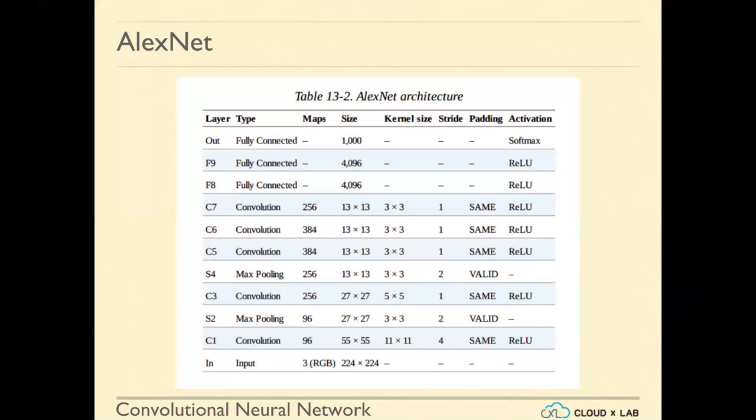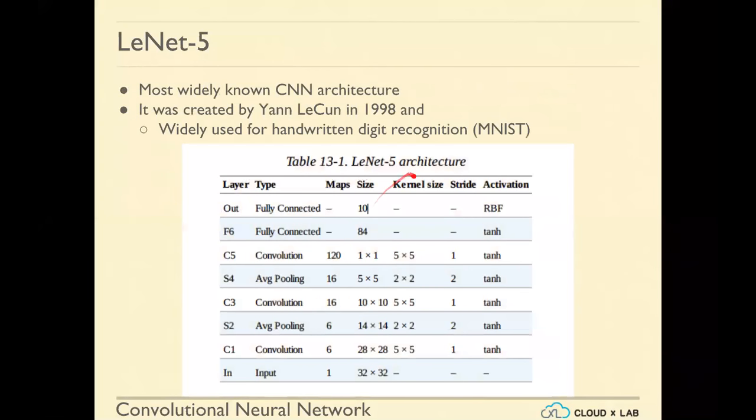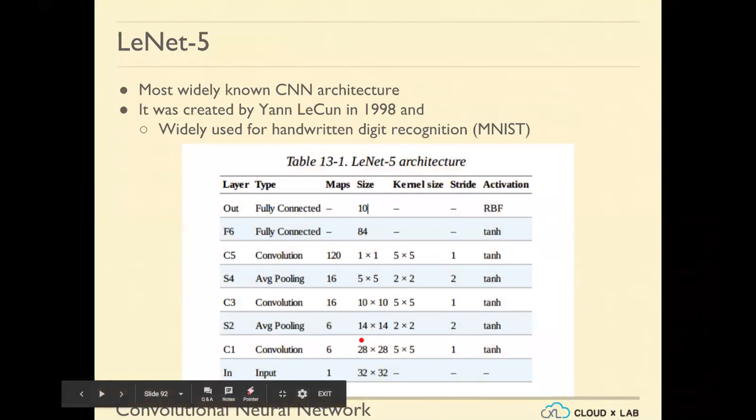A question is, how can map size be smaller than kernel size in LeNet 5? Which one are we talking about? Okay, map size 6, right here. Yes, so map size is up to us.